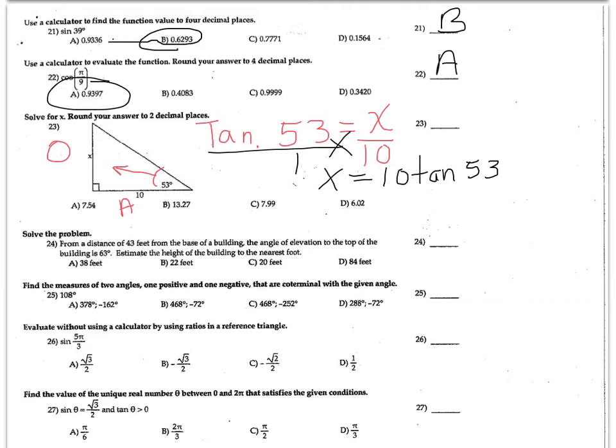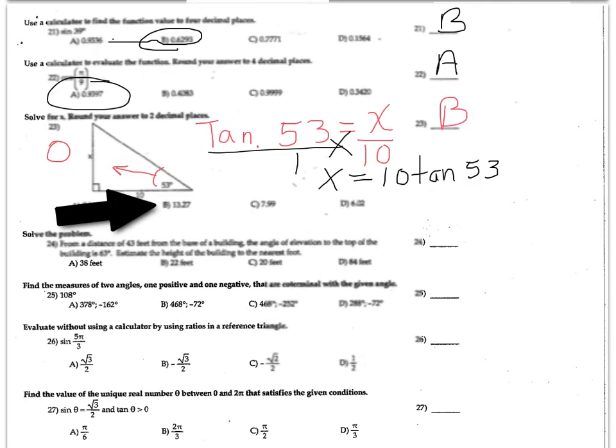Make sure that the calculator is in degree mode. So degree mode is 10 tangent of 53. And the answer to this problem should be what? B is right. That is right, B is the answer.